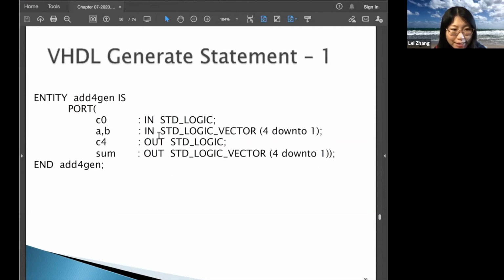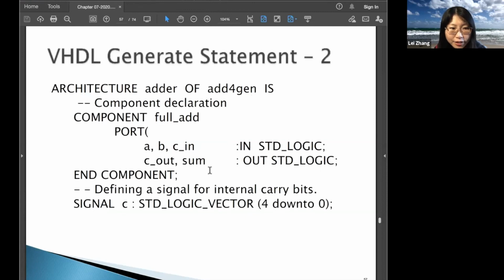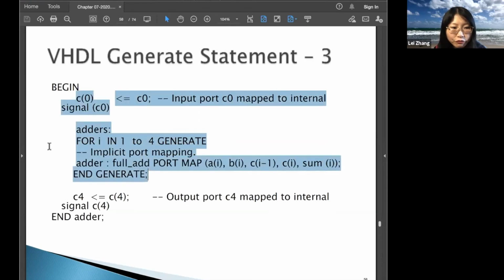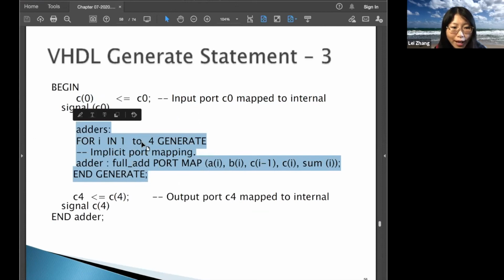So this is the entity generation, and this is the architecture component declaration. And here we have the for I 1 to 4 generate. As I said before, this generate statement is not a for loop.